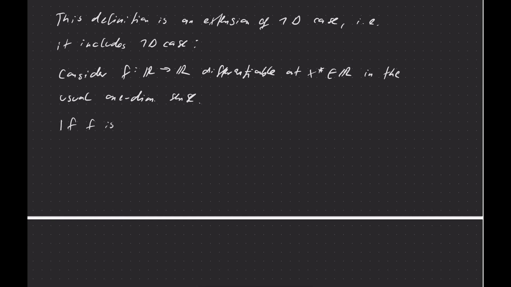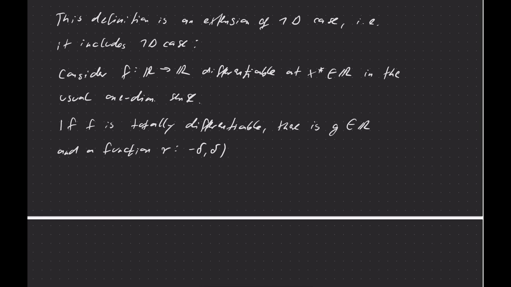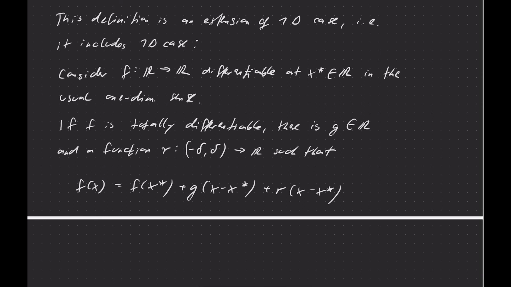So if f is totally differentiable, then that means there is a g, in this case in R, and there's a function r that's defined on some neighborhood of 0, so in some interval minus delta to delta to R, such that f of x is f of x star plus g times x minus x star plus r of x minus x star.